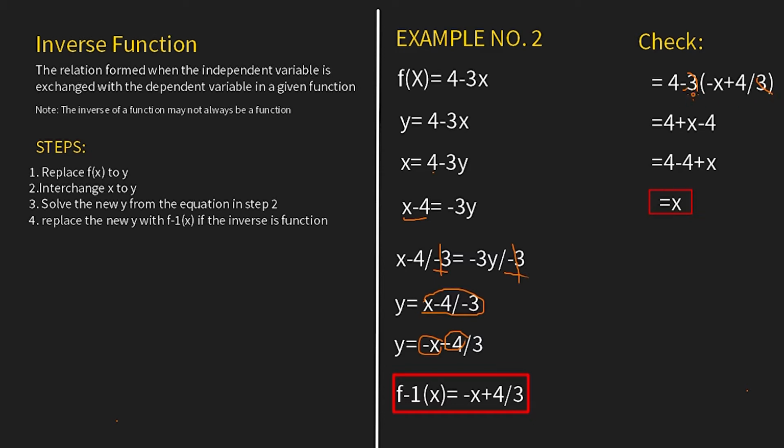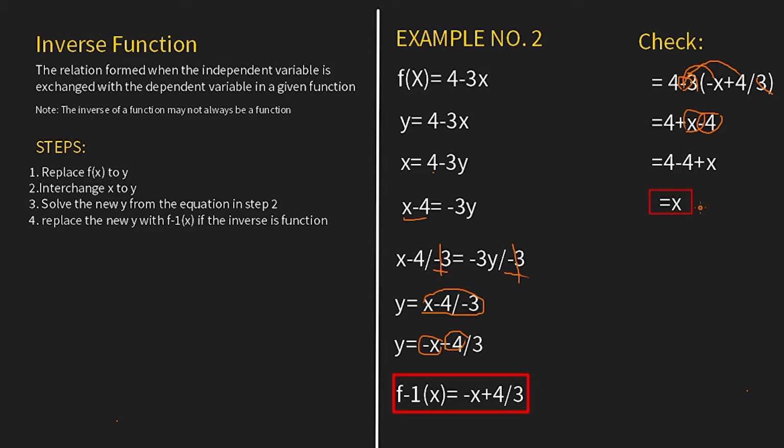Now we are left with a negative. If we multiply negative times negative x, we are left with positive x. If we multiply negative times positive 4, we are left with negative 4. So if we subtract 4 minus 4, it would be 0.